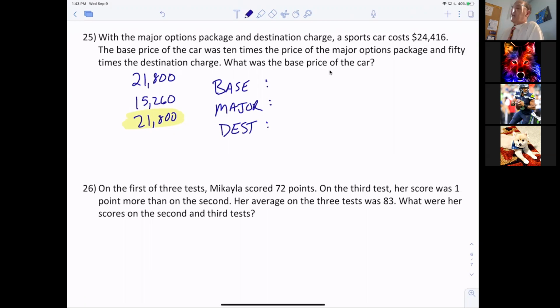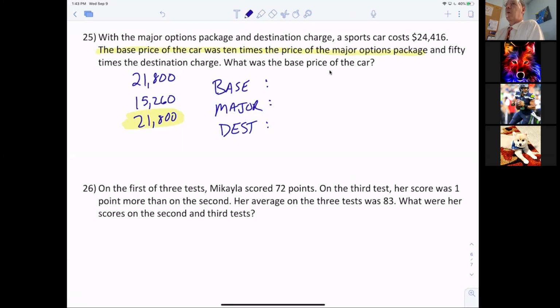Now, the first thing is it says that the base price was 10 times the price of the major option package. So what is that relationship? Tell me. What letter goes with what?